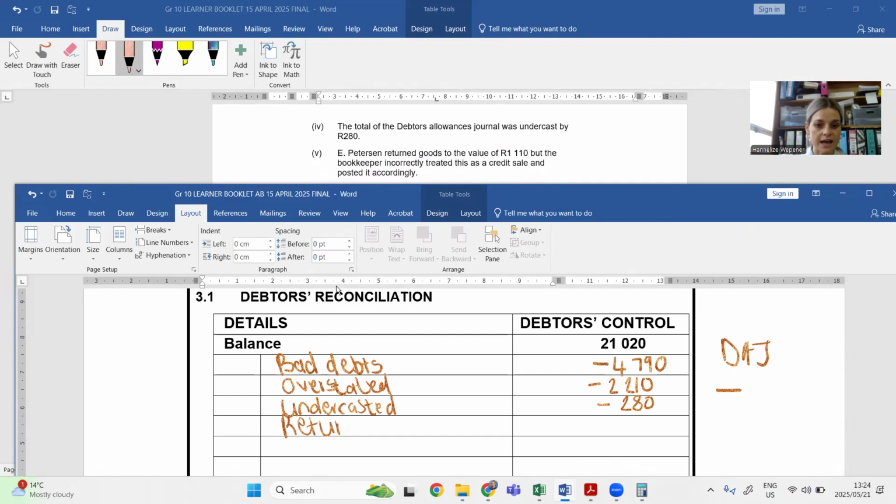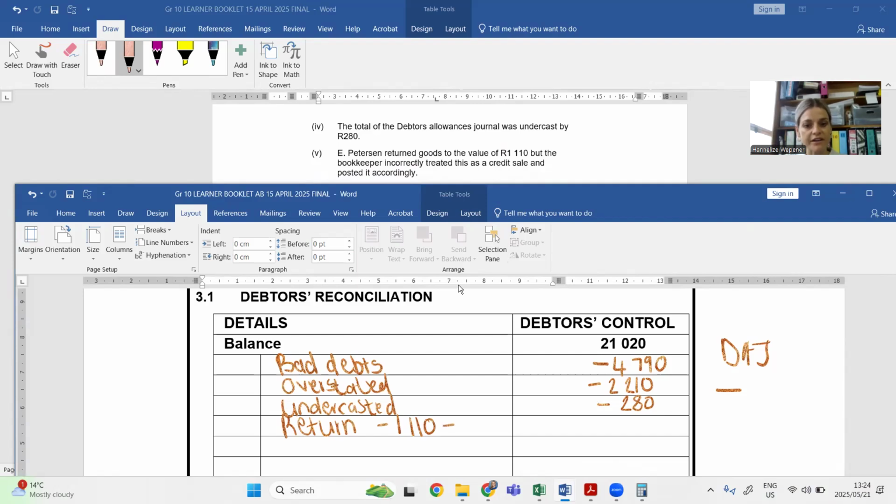So this was actually a return. So I need to now subtract 1,110 Rand from my debtors control, because I now need to reverse the incorrect entry. But then I'm on a zero balance, because previously I recorded an incorrect credit sale, and now I have removed that. I've reversed that entry. But I still need to take into account that this debtor no longer owes me 1,110 Rand because he returned the goods to me.